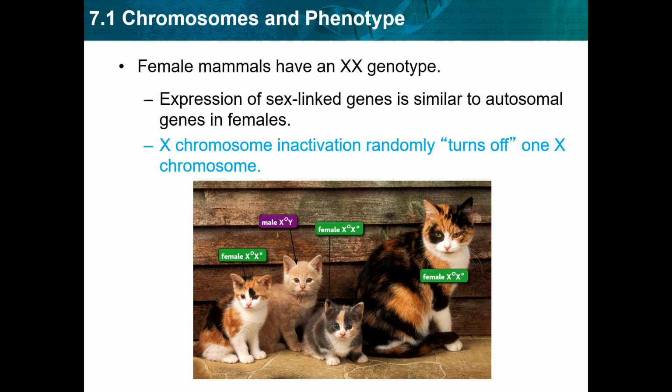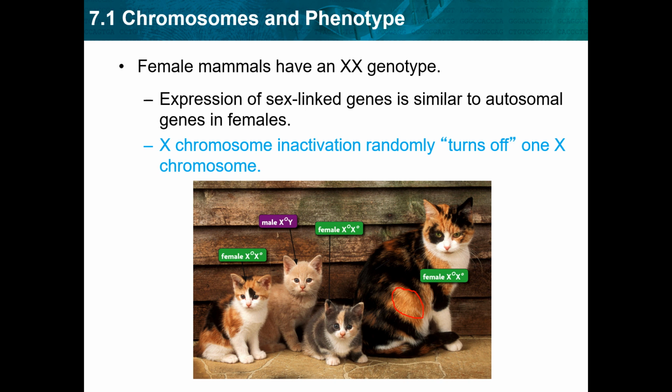And the classic example of this happening in nature is what happens with calico cats. Calico cats have that famous spotted color on their fur, and what's causing that is X chromosome inactivation. So these skin cells right here chose to inactivate one of these two X chromosomes, and they all chose to inactivate the same X chromosome.